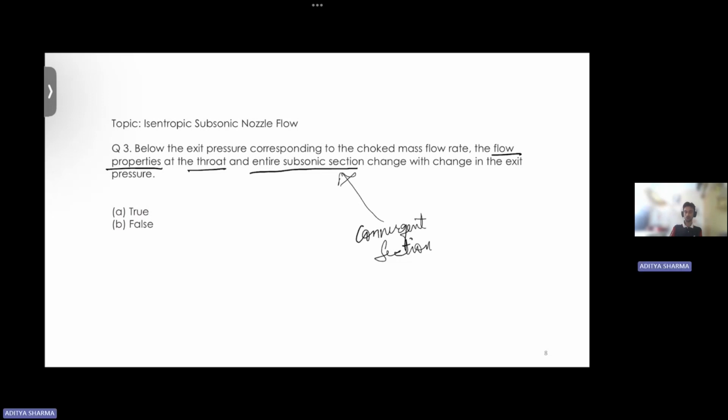So the answer to this question is false, there should not be any change. The answer to this question is B, false. So this was a question on isentropic subsonic nozzle flow. Okay, so let's move on to the next question.